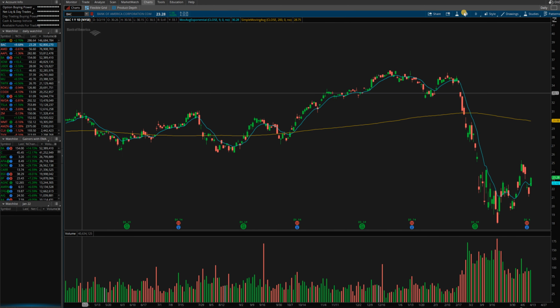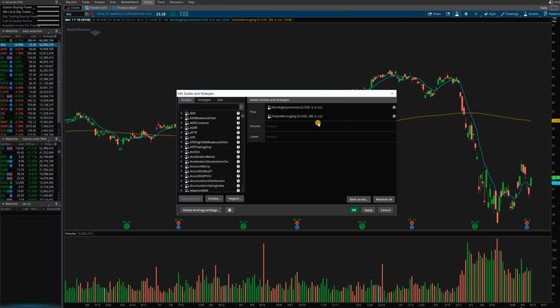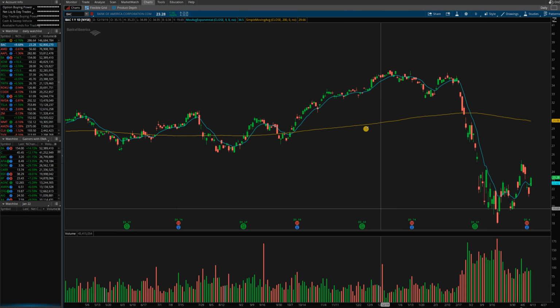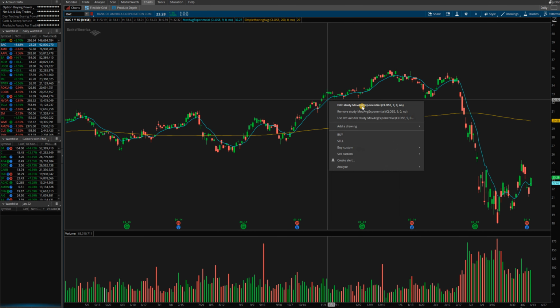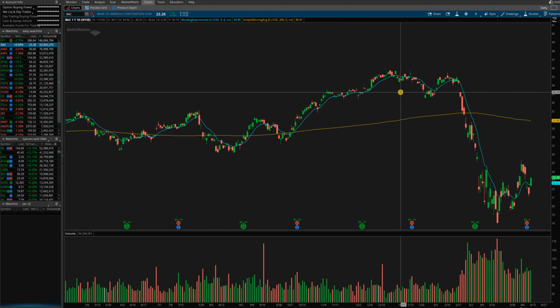If you're using Thinkorswim, you can add a moving average through this area by edit studies, and these are my moving averages. They are these lines. This is a 200 moving average. This is a 9 moving average. You click on it and it will tell you. The moving averages tend to hold, and I will show you what I mean in examples.